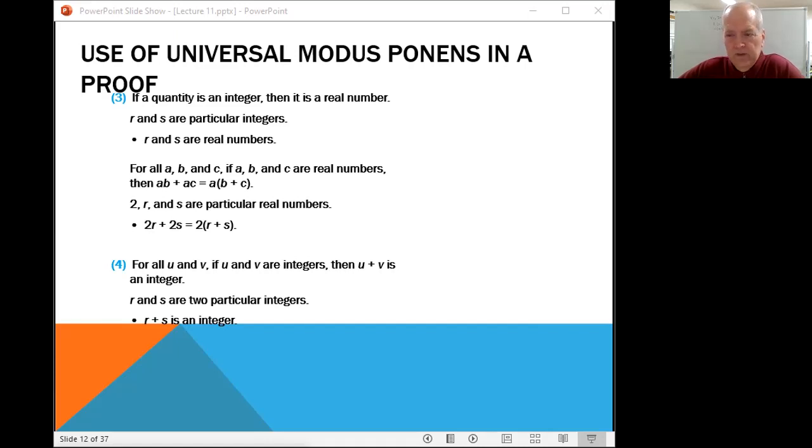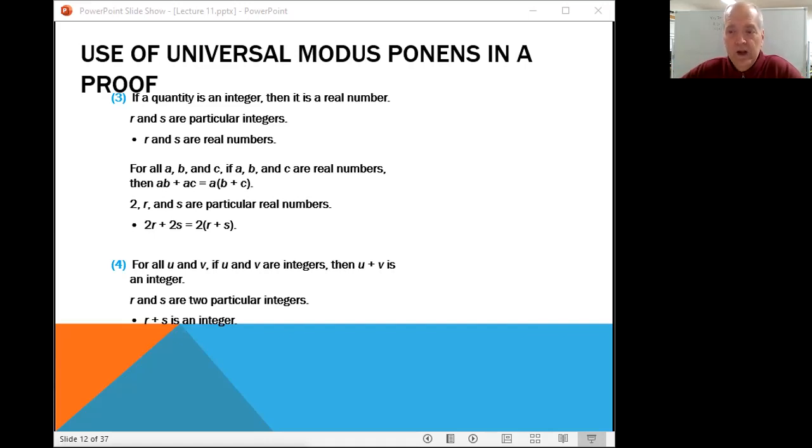For our fourth step in this formal proof, we look at integers u and v. The first statement is the universal: for all integers u and v, u plus v is an integer.